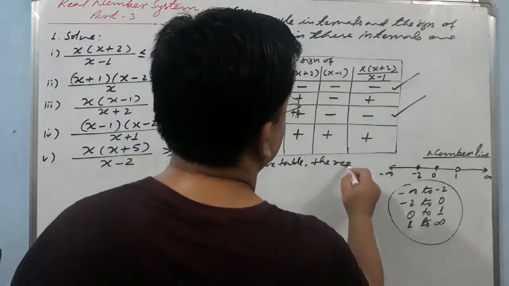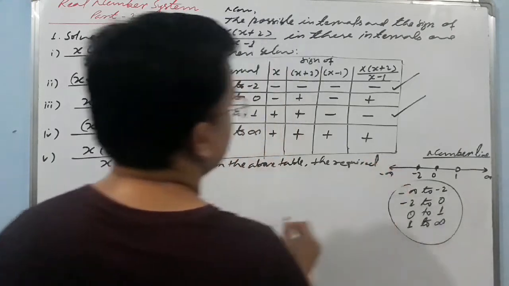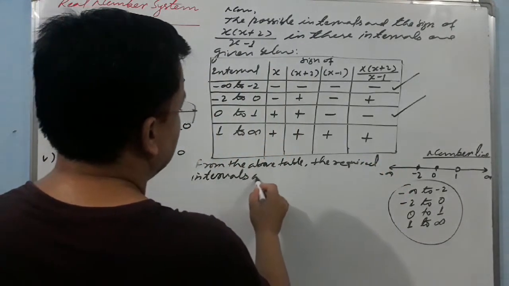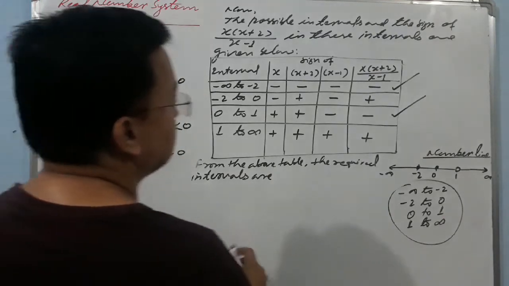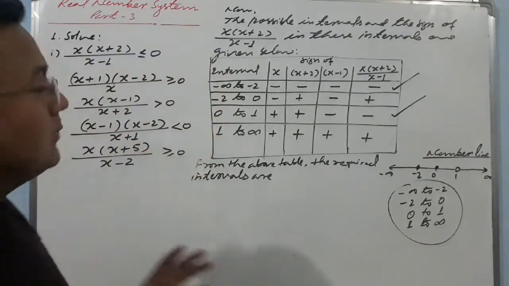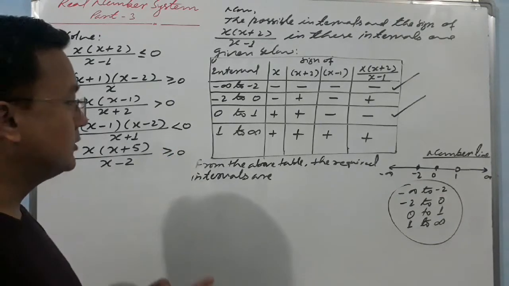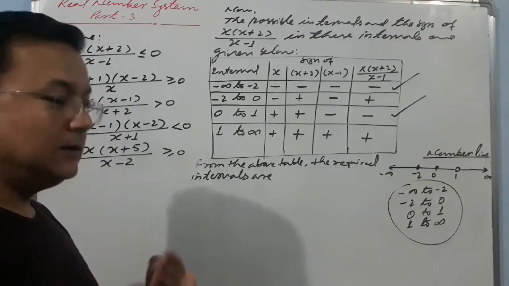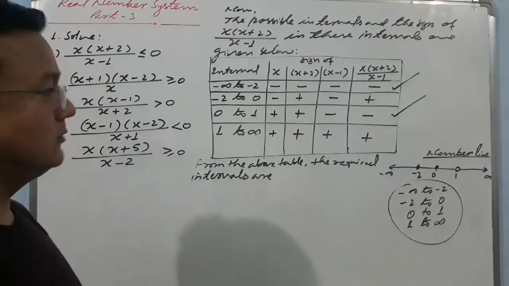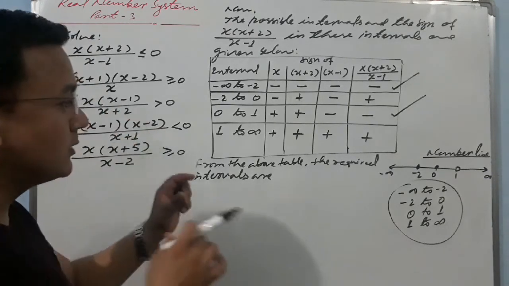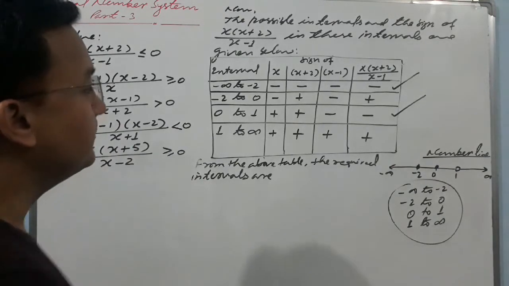The required intervals are, now we have to write them down properly, so whether it is a closed interval, or left closed, or right closed, or left open or right open, it doesn't matter, but we have to write down which one we are getting.